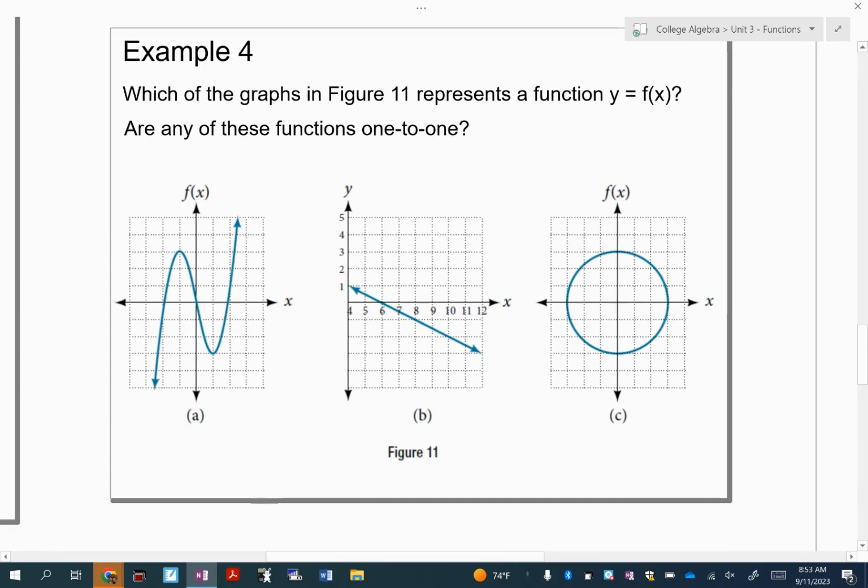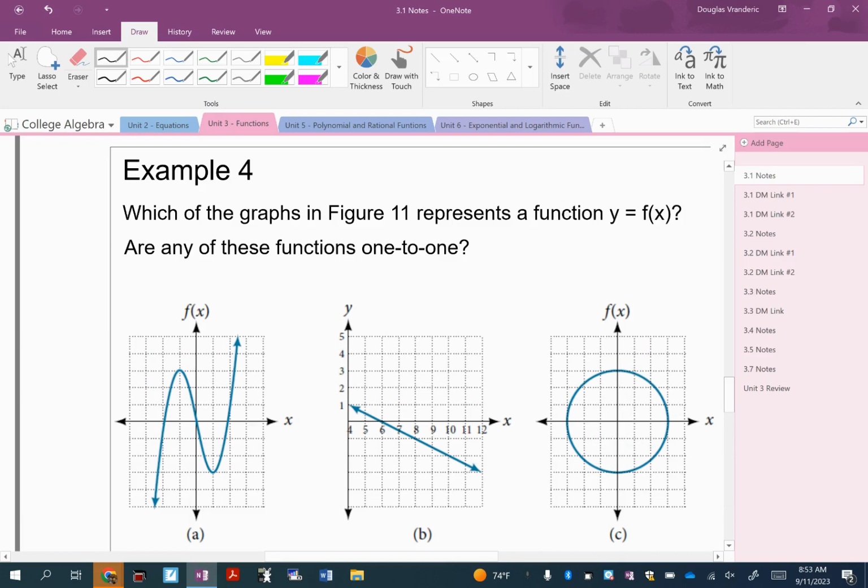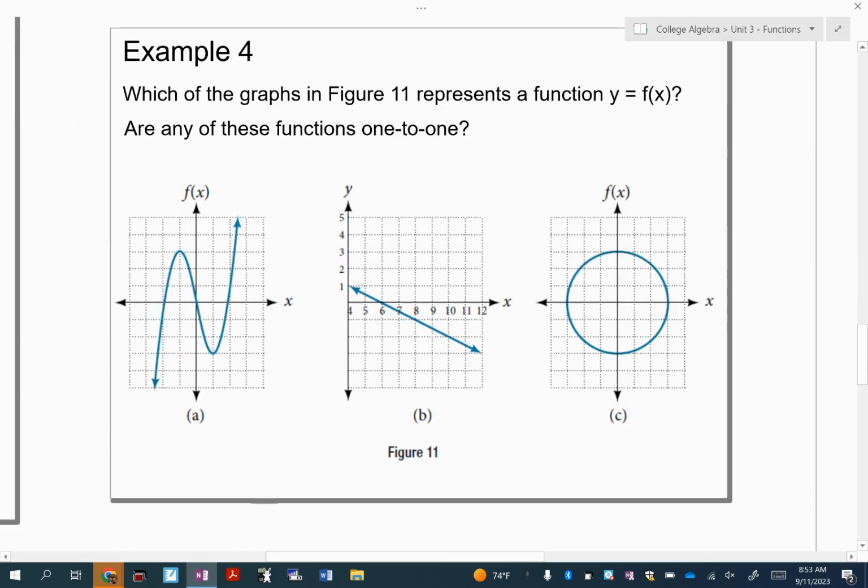Let's look at this last example, using the vertical line test to see if we have a function. And then if we do have a function, let's use the horizontal line test to see if the function is one-to-one. All right, so this function in letter A, if I use my pen and flip it to be a vertical line, I never hit more than 1 point on a vertical line. So this is a function.